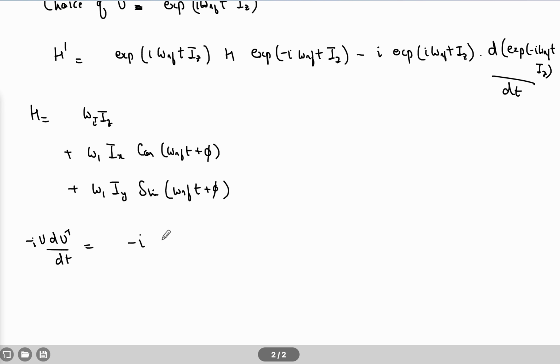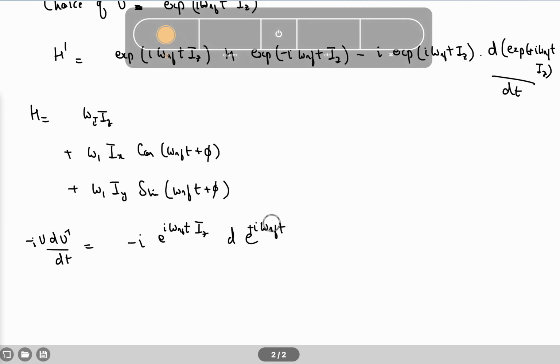So this is minus i e^(i omega_RF t Iz) d e^(minus i omega_RF t Iz), this will be plus i, right? No, sorry, this will be U inverse, so that is correct. Actually, this will be negative.